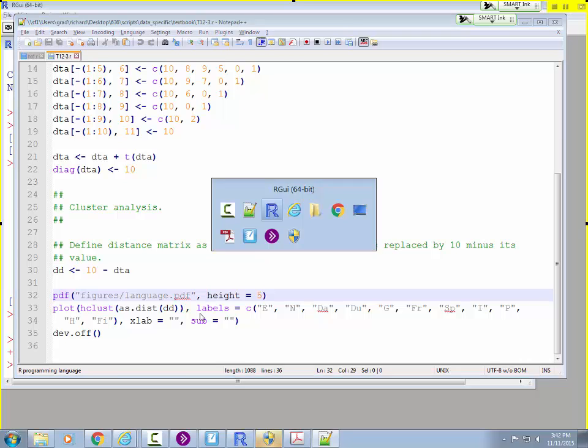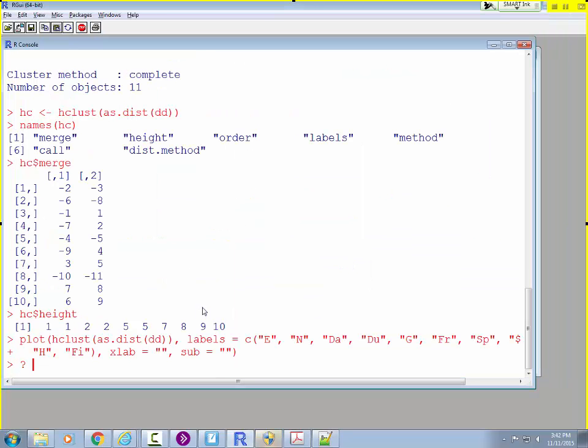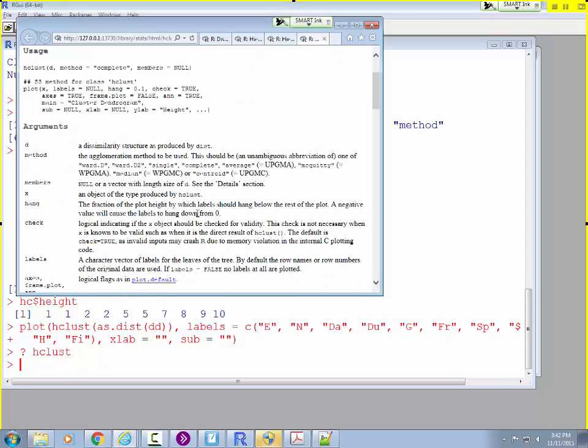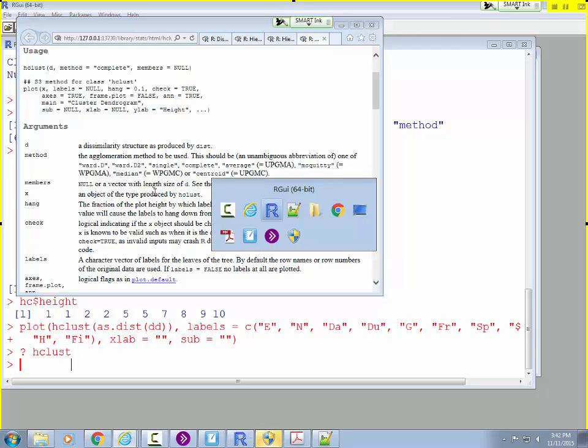In hclust, question mark hclust. If we wanted to do complete linkage, it'd be very easy. We could just type method equal complete, or method equal to average, or method equal to single. But I think I need to keep moving for now.